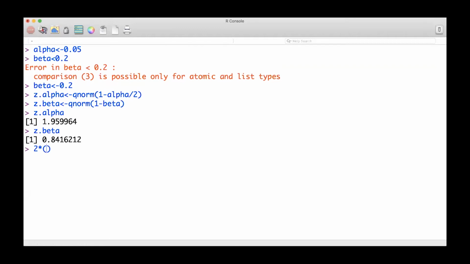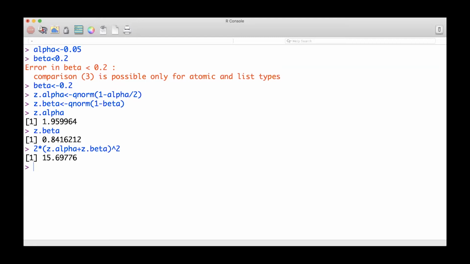Now notice, if we calculate the numerator of our sample size formula that appears in slide 11, we get roughly 16. That is why the approximation has 16 in the numerator.